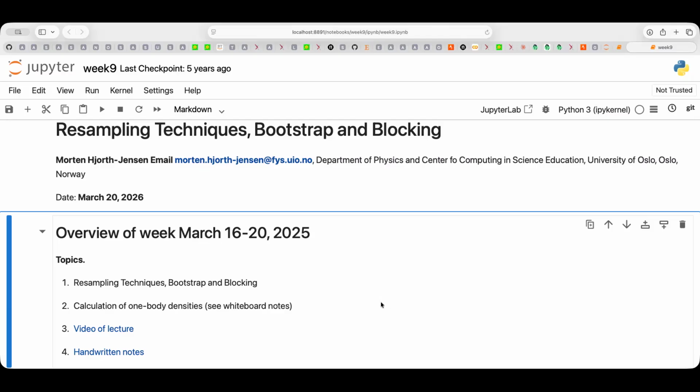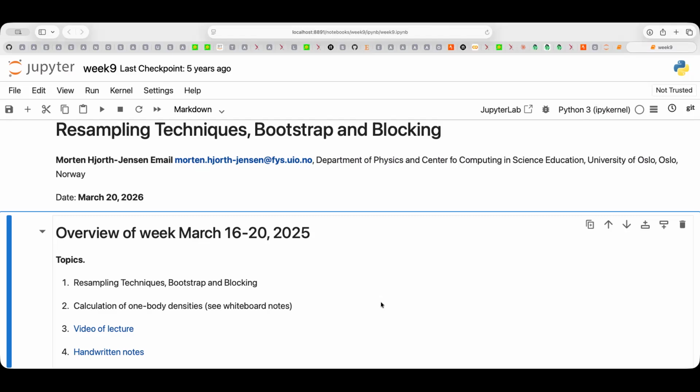In the Jupyter notebook for this week, you will also find a code which calculates the correlation or covariance matrix and the autocorrelation function, which we roughly defined last week and need to bring back. It calculates the standard deviation with bootstrap and blocking on a random number generator.